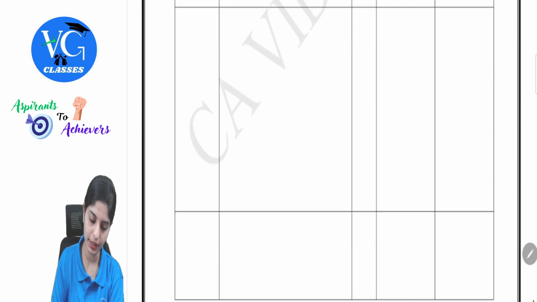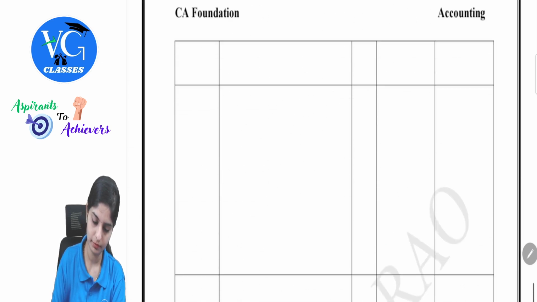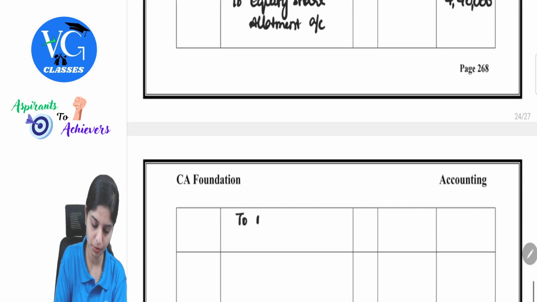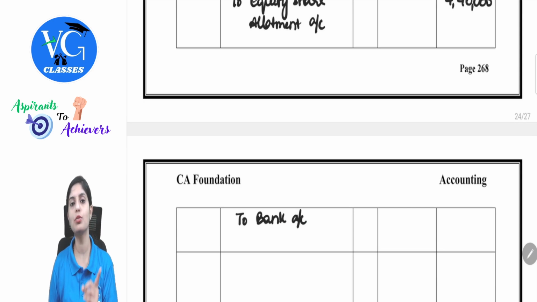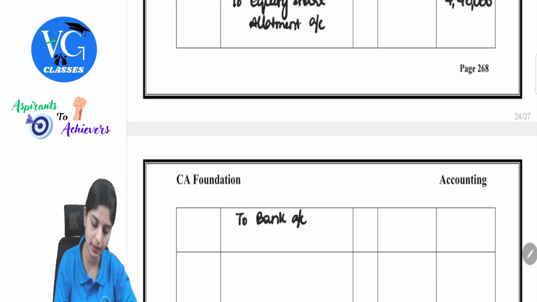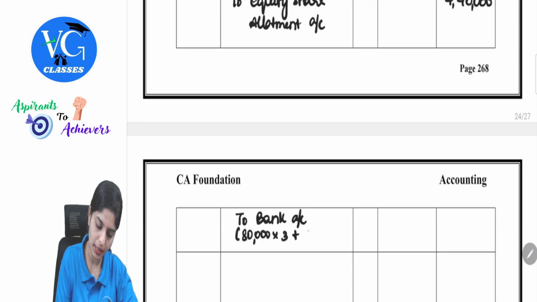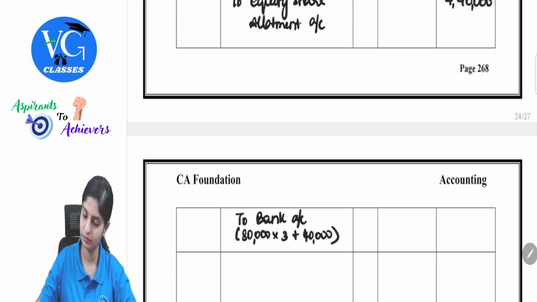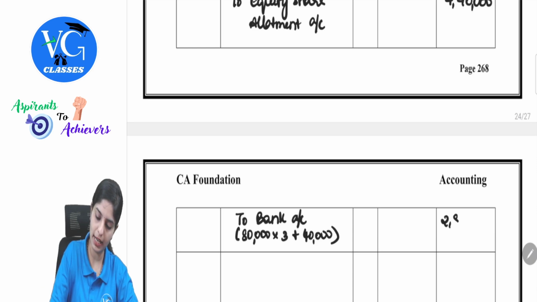So 4,40,000 to bank account. There was 40,000 and 80,000 of the applications were rejected. So that will be 80,000 into 3 plus 40,000, 2,80,000.